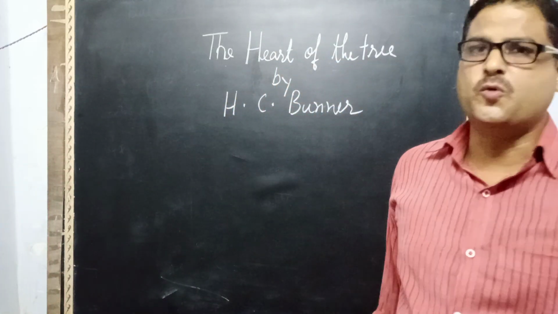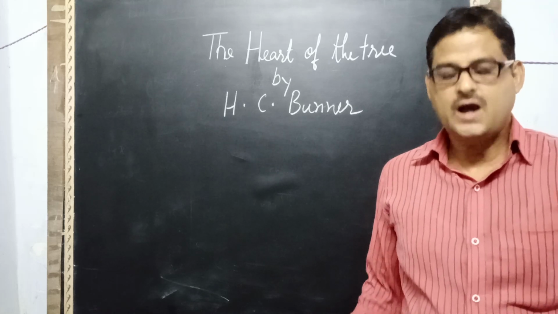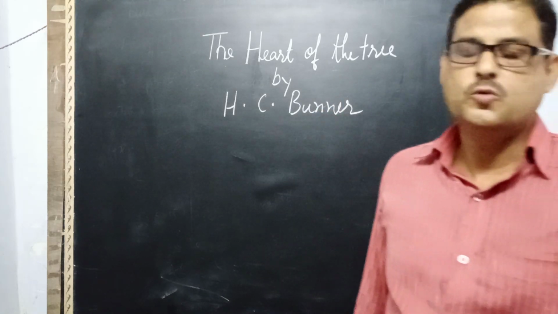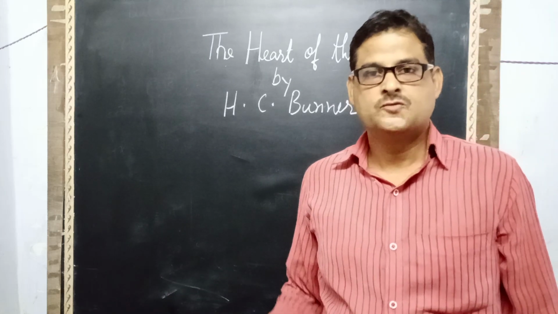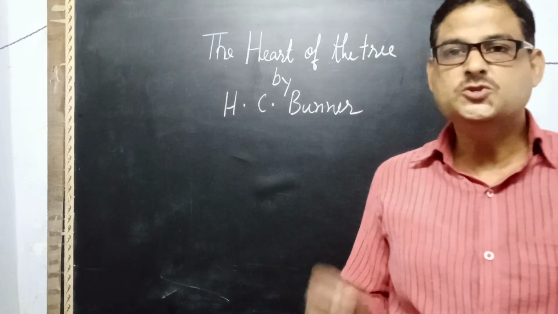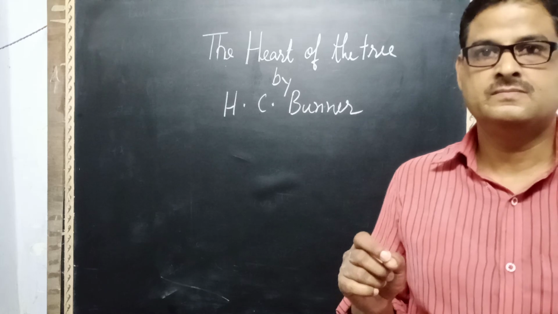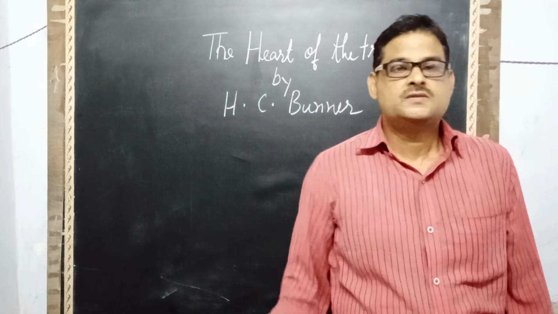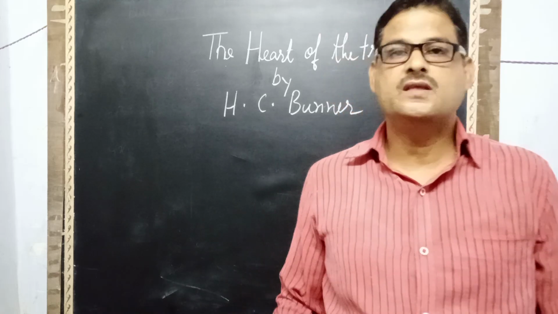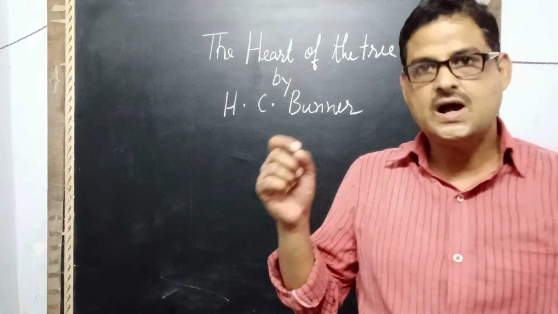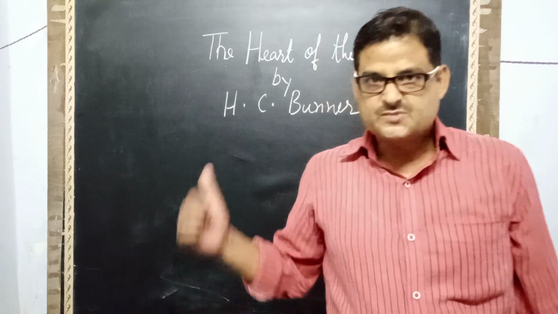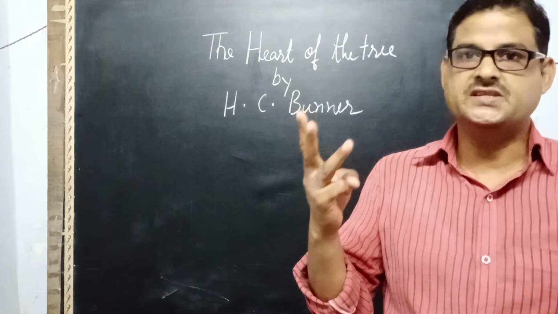Before starting this poem, I want to tell you a few things related to the poem. First thing which you have to keep in your mind is that this poem is in the form of a question and answer. This poem contains 3 stanzas.